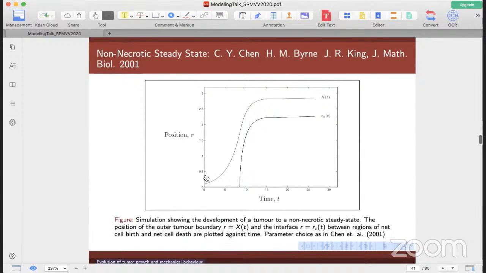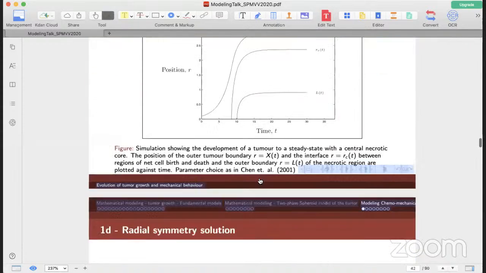Then with time, how the tumor boundary is changing, the interface of the boundary is changing, that can be captured. This is not my work, it's available. How the necrotic core and the boundary are changing has been shown here.